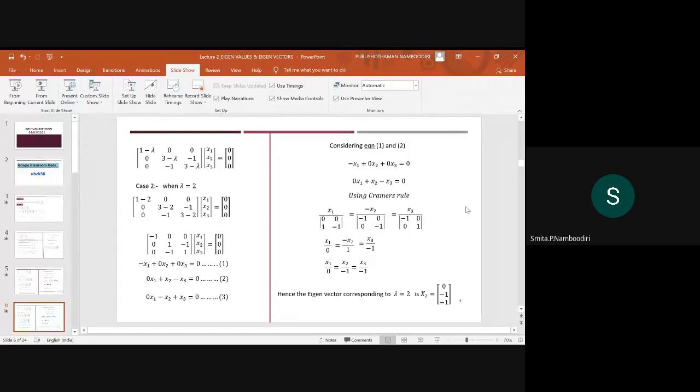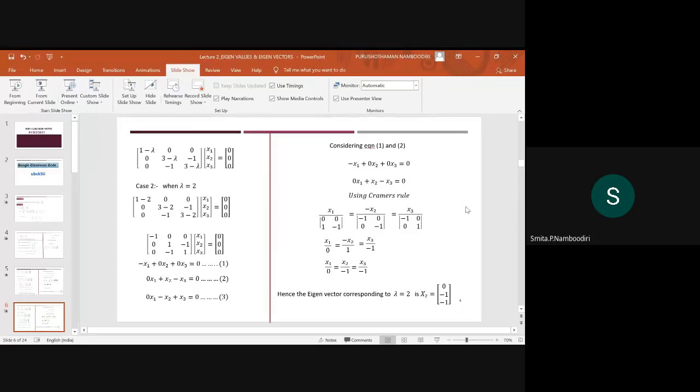Sign is changed, correct. Now it's fine, ठीक है, yeah. So the eigenvectors, I can either you can write 0 1 1, or you can write 0 minus 1 minus 1, anyway you can write, corresponding to lambda equal to 2.